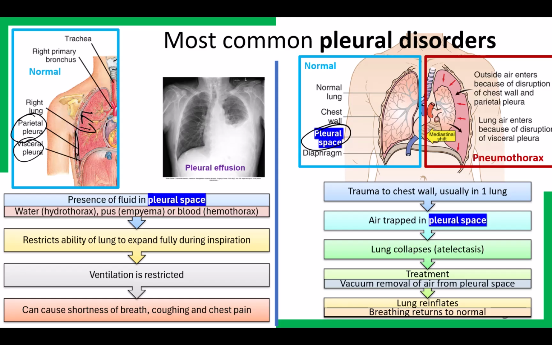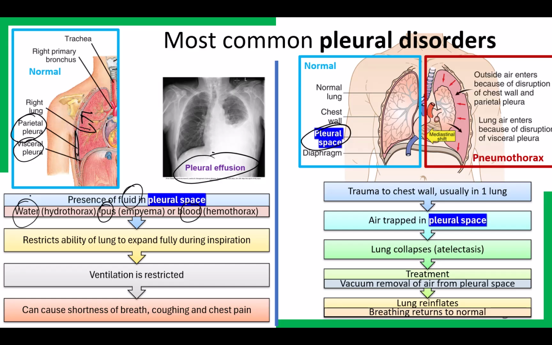So that's normal. However, in two different pleural disorders, this efficiency is disrupted. So the first one is when you have pleural effusion, where you've got an increase in the fluid inside the pleural space. And so this fluid can be water, can be pus, or can be blood, right?